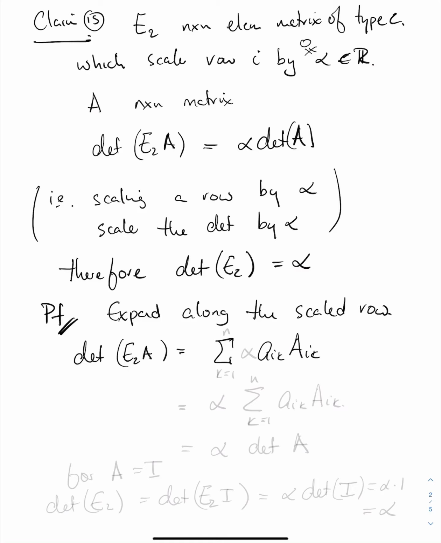However, we've multiplied through the ith row by alpha. So in the ik spot, we're actually going to have the entry alpha times a_ik, as k ranges from 1 to n. Since alpha is some real number, we can pull this out. And this is just simply the formula for alpha times the determinant of A.